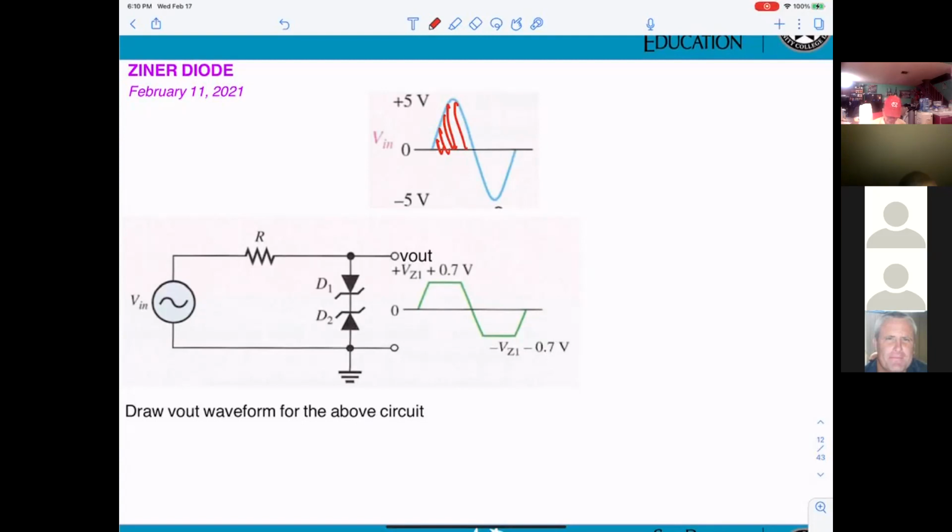You can see it right here. So normally you get one Zener in breakdown, the other one normal. Okay. So what is it? D1 is not in breakdown? Either one is forward biased, in the positive cycle or negative cycle.